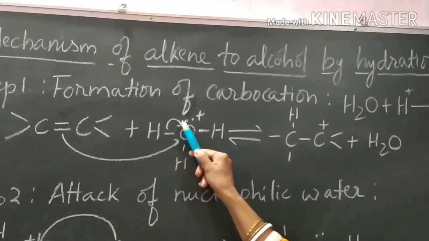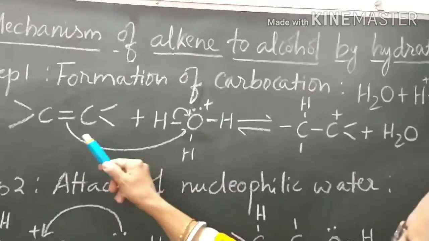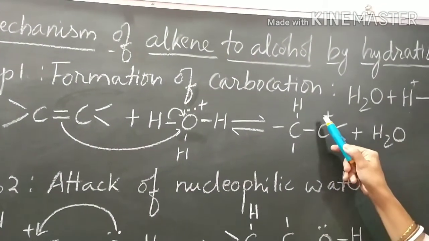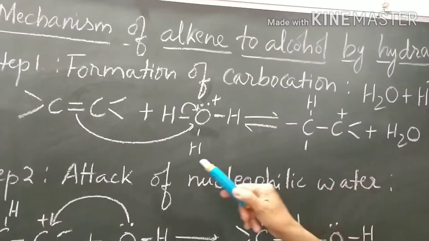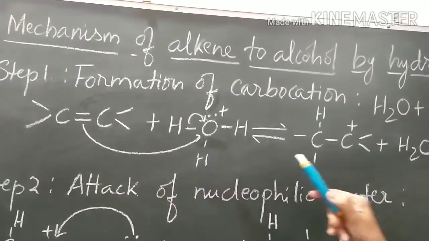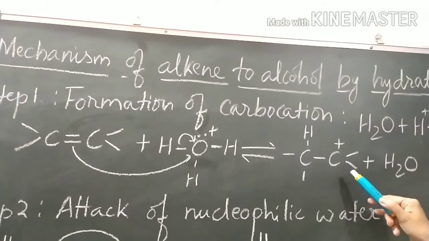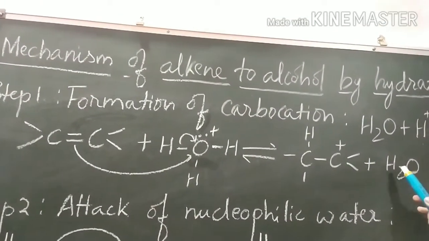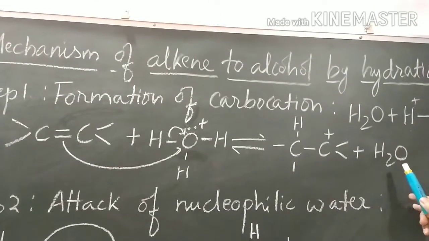This hydrogen binds here and the pi electron moves to oxygen. We get a carbocation formation. The pi electron comes to the water molecule and there is formation of a carbocation, and you can see the water molecule is remaining as it is.